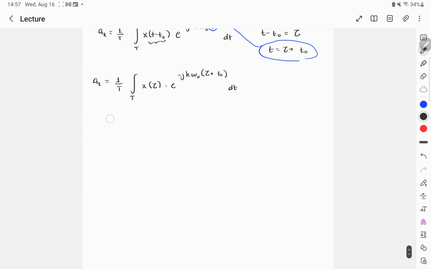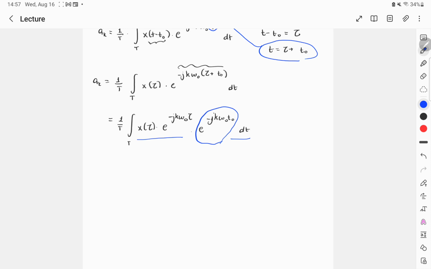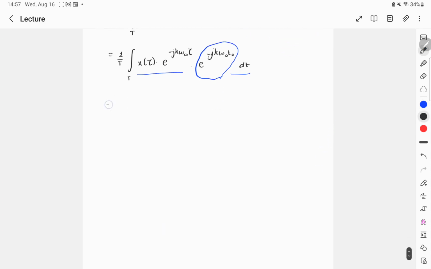All right, and as we can see here, if we only see this part, it is exactly the same as a_k, so we can basically put this one out in front of the integral and see the results.